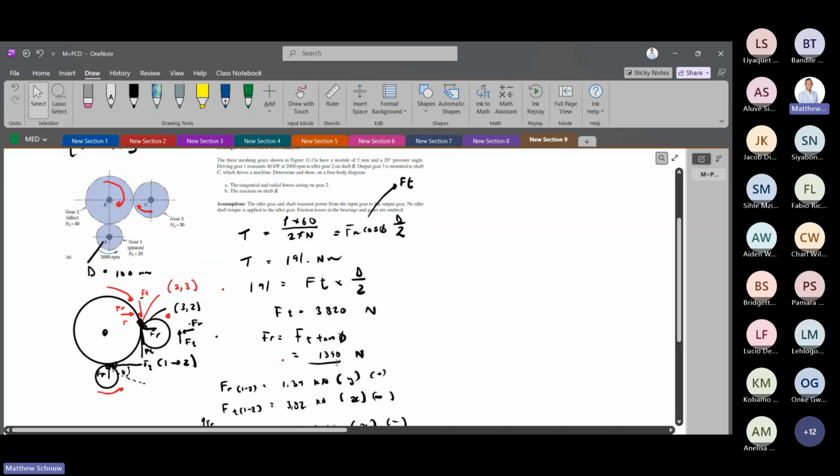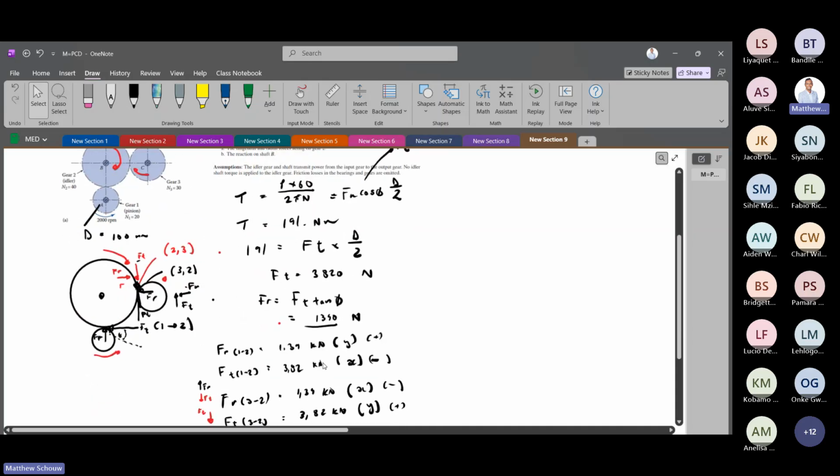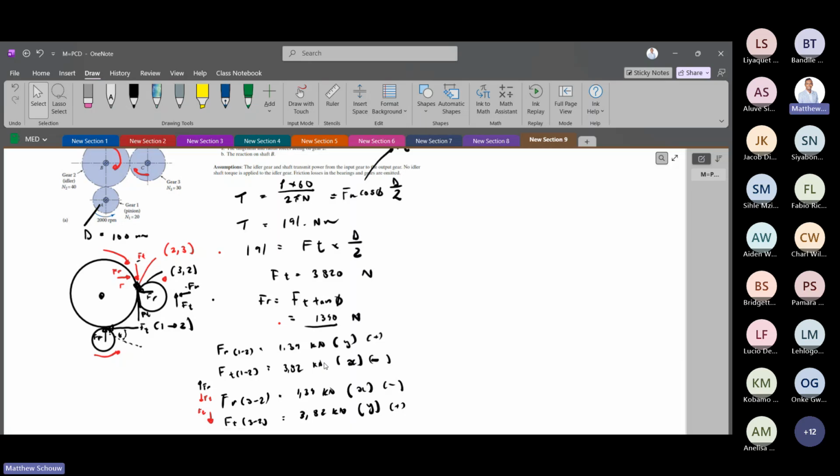Hope everyone has learned something here. Obviously, I always recommend the first point of study, the first point of protocol, is go over the video. And then once you're done with that, tackle the questions.